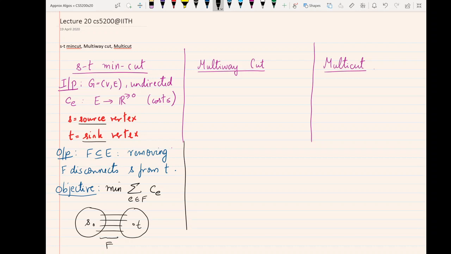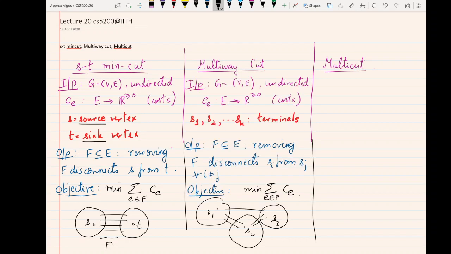Next, the multi-way cut problem is a simple generalization of the ST min cut problem, where you just don't have two vertices, but you have k vertices. So here's the definition of the multi-way cut problem. The input is the same. You have an undirected graph with costs on the edges, except now instead of two distinguished vertices, we have k distinguished terminals, which I will call S1 to Sk.